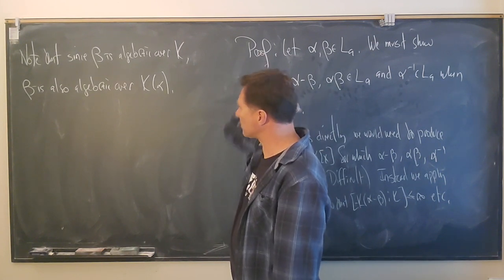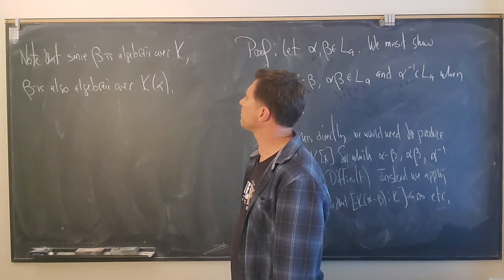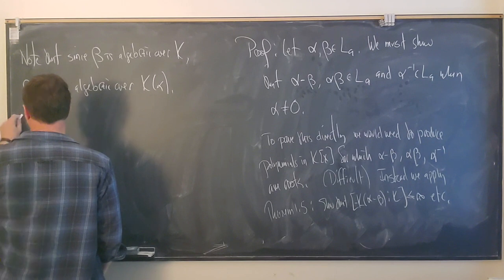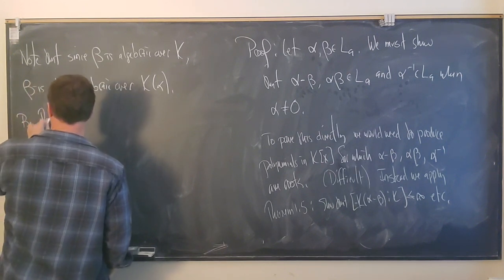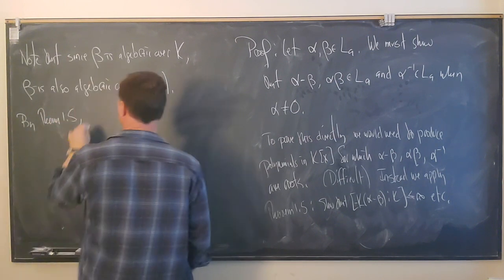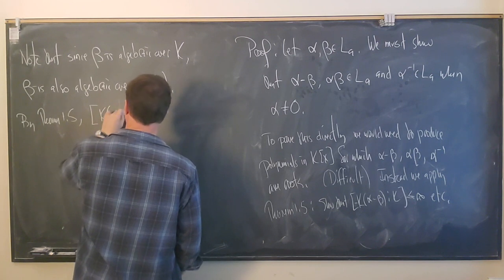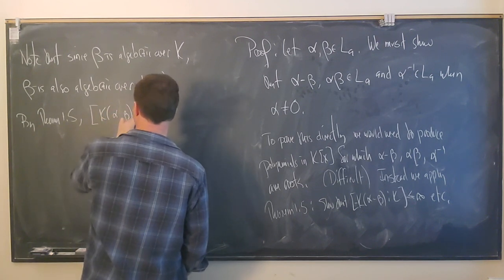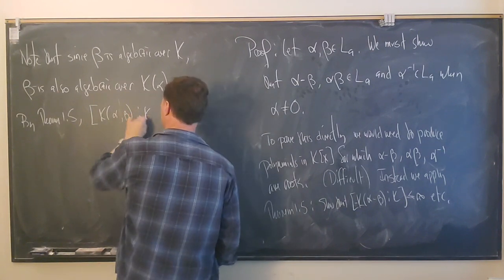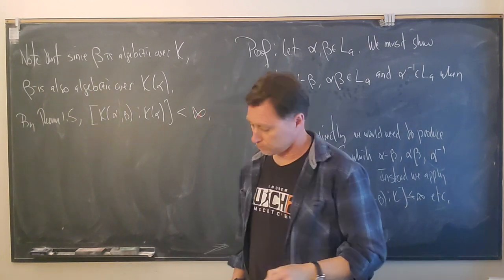And so what that tells us then is that, well, let's say it like this. By theorem 1.5, the degree of the extension K adjoin alpha and beta over K adjoin alpha is finite.